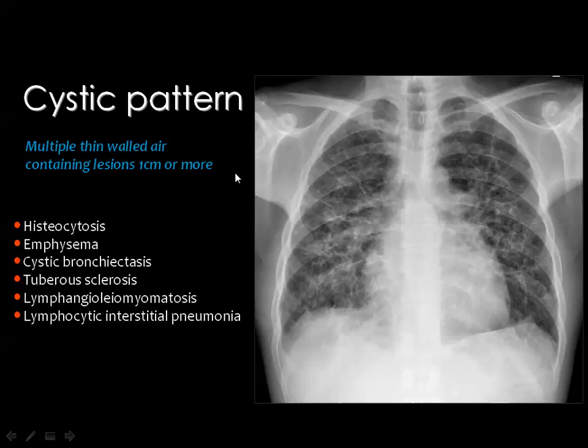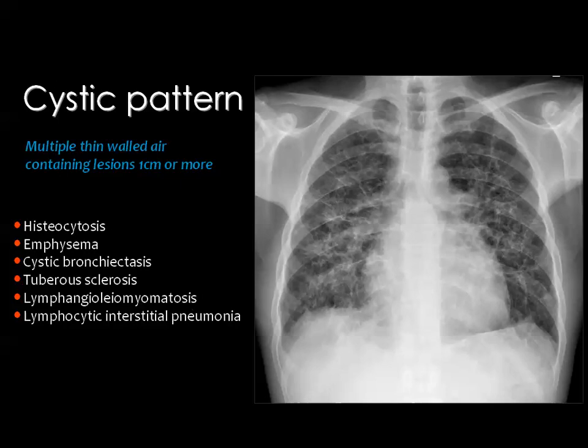And by cystic pattern, we mean that we have multiple thin-walled air-containing lesions, 1 centimeter or more. The differential diagnosis includes Langerhans cell histiocytosis, emphysema, cystic bronchiectasis, tuberous sclerosis, lymphangioleiomyomatosis, and lymphocytic interstitial pneumonia.